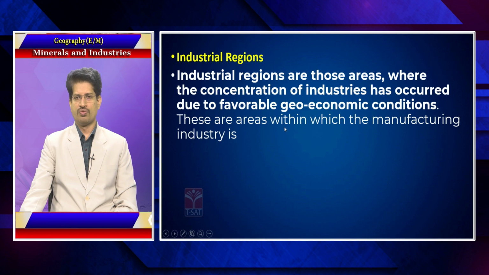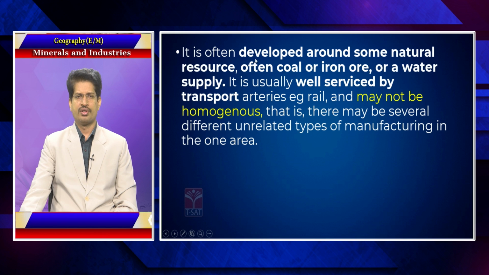These are areas within which the manufacturing industries are located. It is often developed around some natural resources, meaning the availability of minerals, as I have depicted in the discussion of the mineral belts, often coal or iron ore, which are bulky raw materials, or water supply.